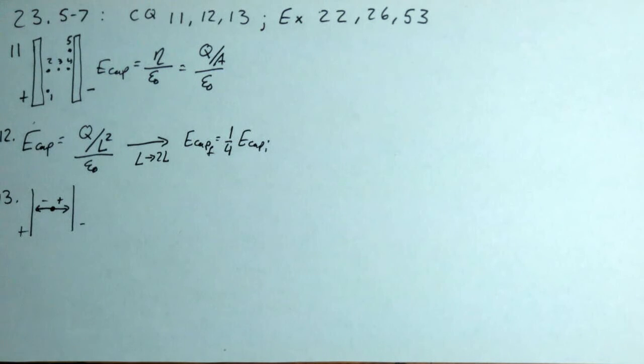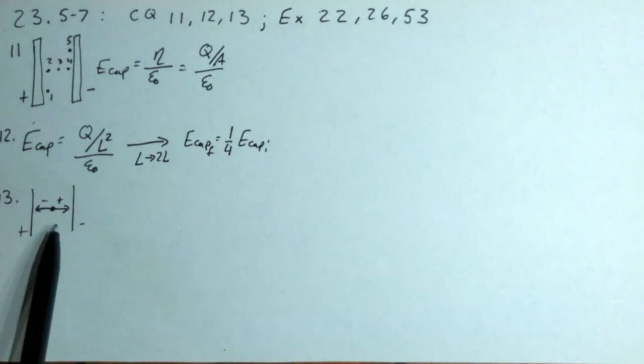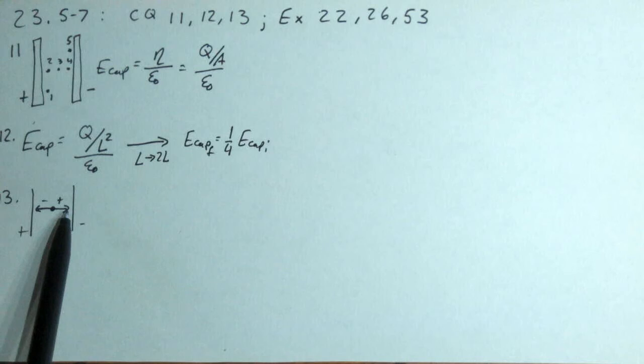Now here's a question. What about a neutral but polarizable object? What direction will it go? This one's a little more tricky because the net charge is 0, so there's no net force.